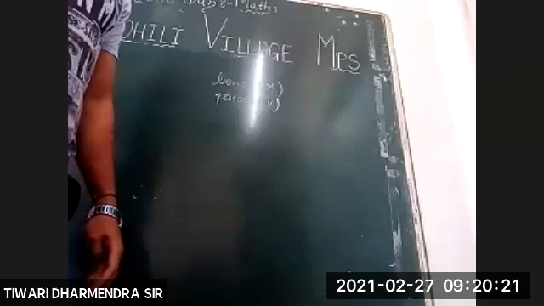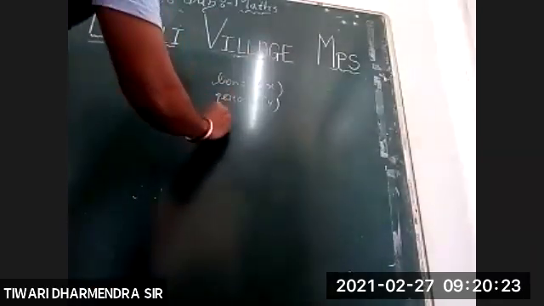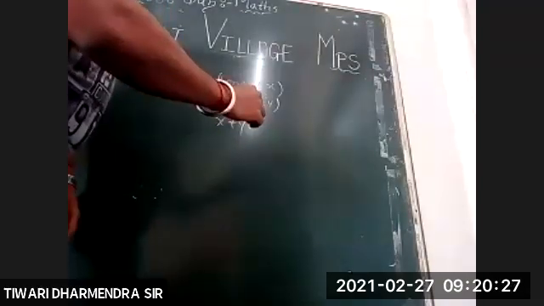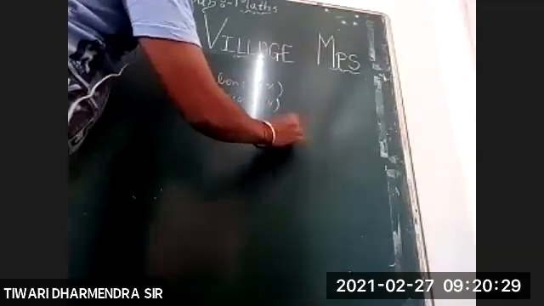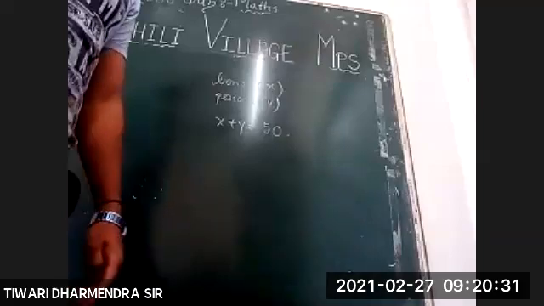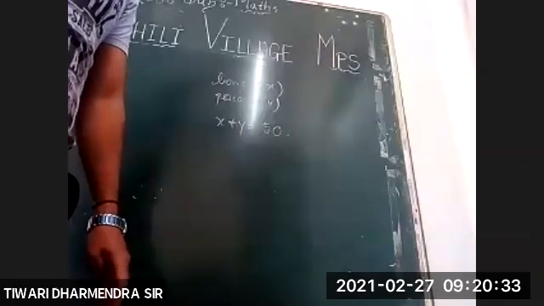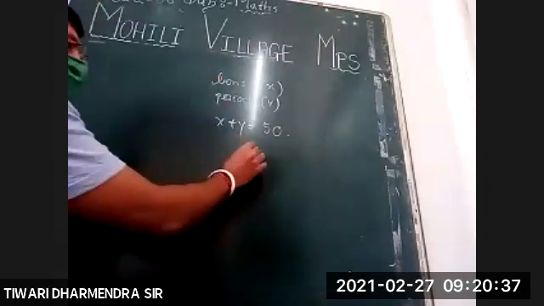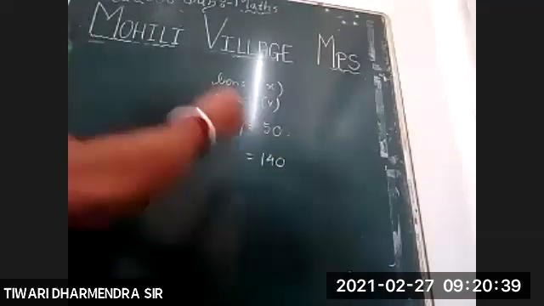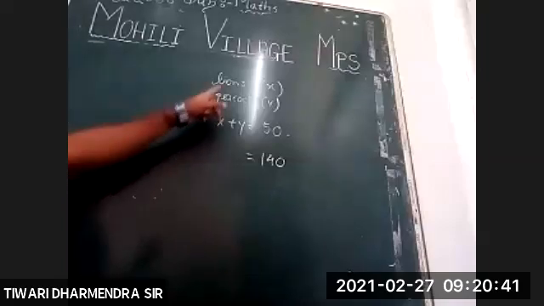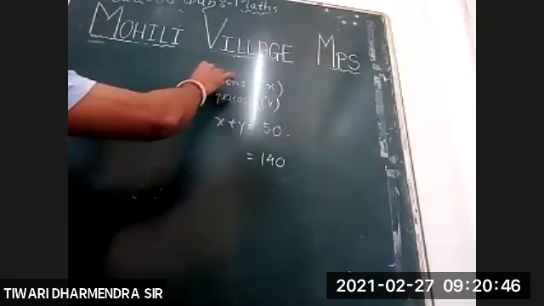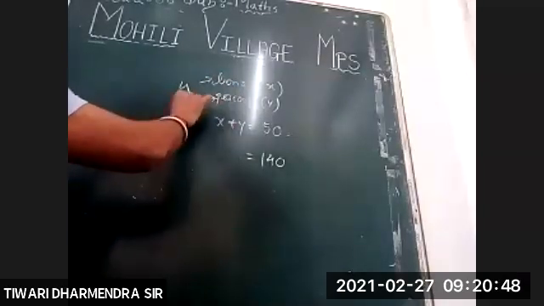So the total number of lions and peacocks in a zoo means their addition. According to the first condition, x plus y is equal to how much? 50. Okay, this is my first equation. The total number of their legs is 140. Okay, total legs is 140, but how will we get this 140? X indicates lions, and a lion has 4 legs, and a peacock has 2 legs.